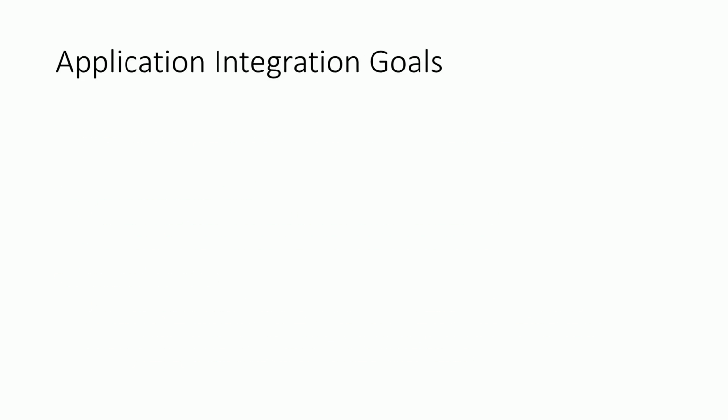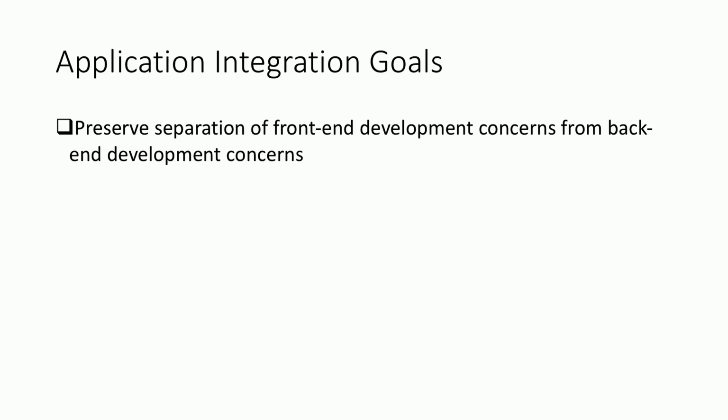When we talk about integrating the application web service and the application front end, there are some goals that we have. First is to preserve a separation of front-end development concerns from back-end development concerns. We don't want to mingle those two together or couple them too tightly. They are coupled by their very nature.